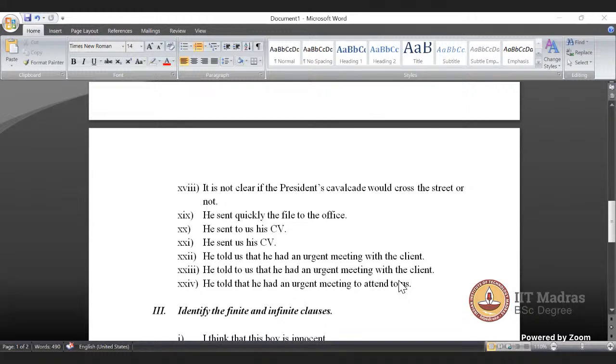So for example, if I say "quickly he sent the file to the office", people would not say that it's a wrong construction. It's still an acceptable construction, not ungrammatical per se. When I place "quickly" in the beginning, if you have followed the lecture on adverbs, you looked at something like the sentential adverb, right? What you're doing with the sentential adverb is using that one adverb for the entire sentence.